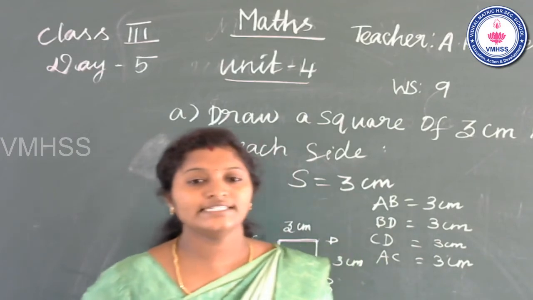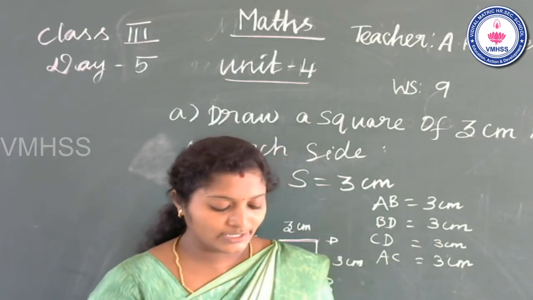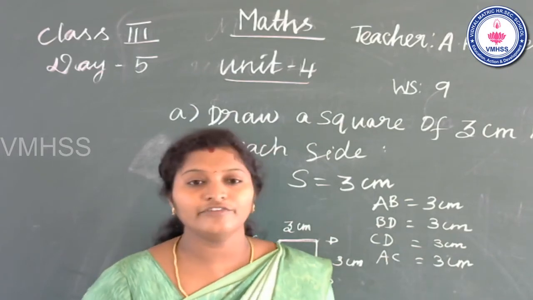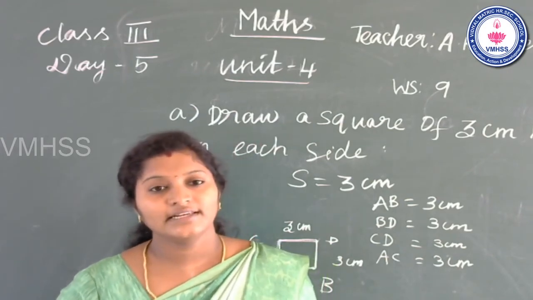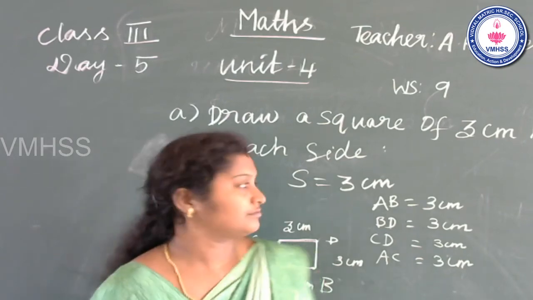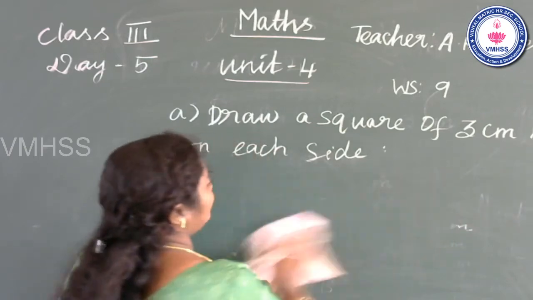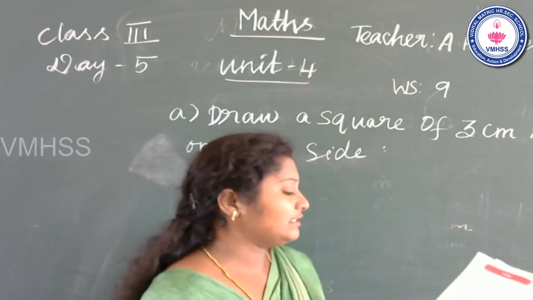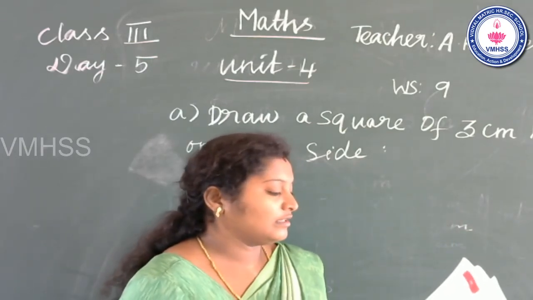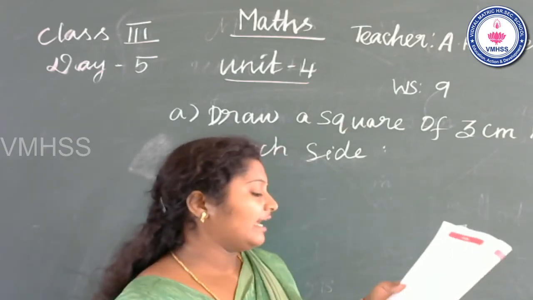Okay, ma, do you understand? Yes. Okay, students, take page number 84. Fourth sum, draw a rectangle.